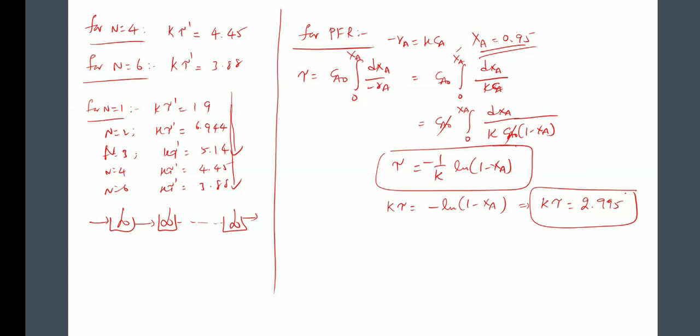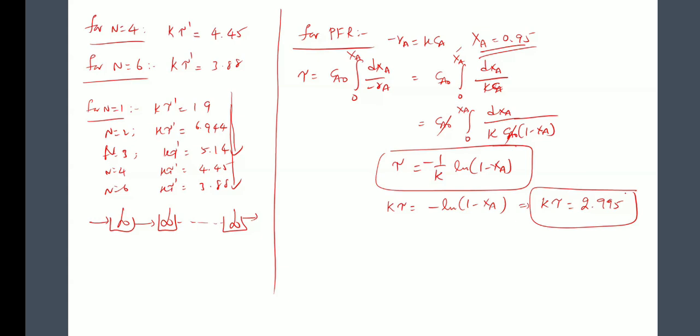For a particular 95% conversion, the volume required in a PFR is less than the volume required for a CSTR. This is a general statement.